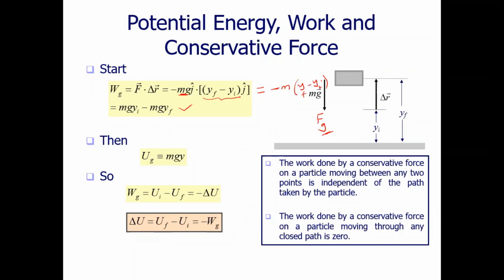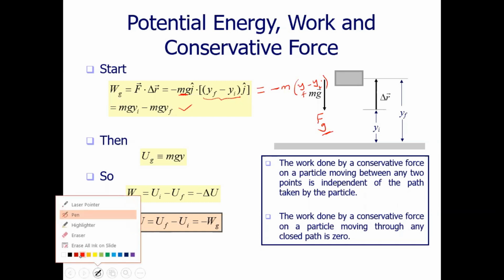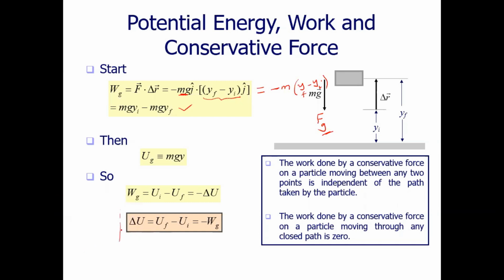The relationship between work and potential energy. Any questions? Is it clear? Yes, sir. Okay, so this formula here, keep it in mind. We are going to use it several times. The relationship between the potential energy and the work done by the force.